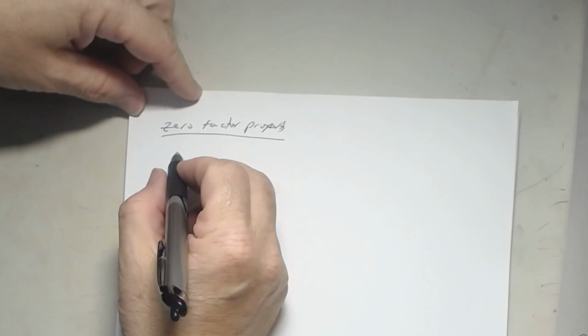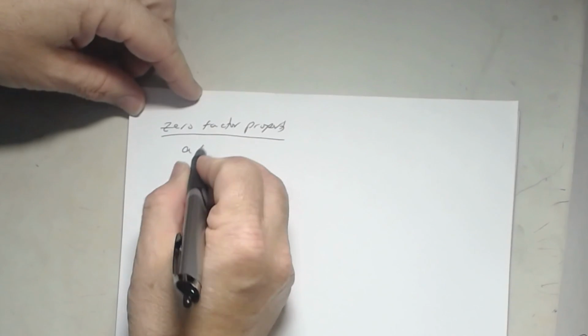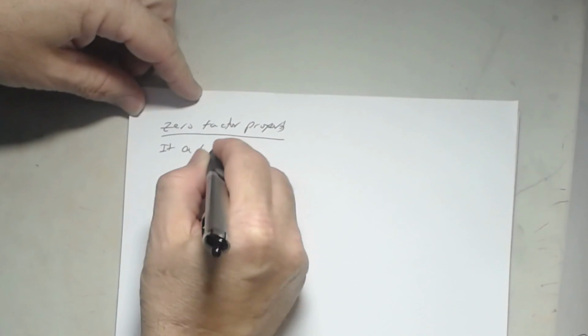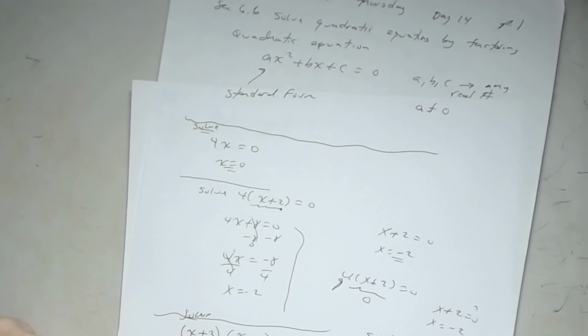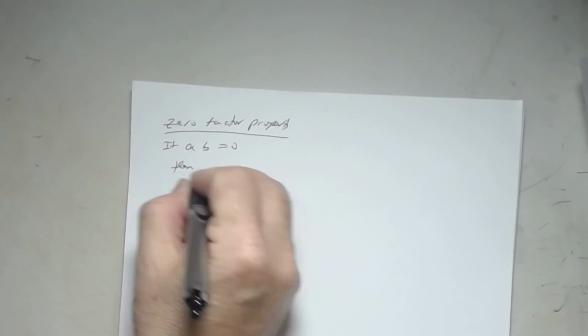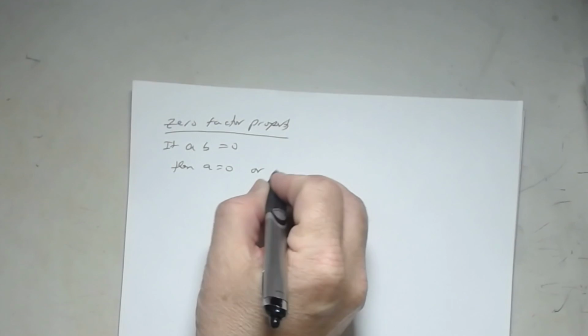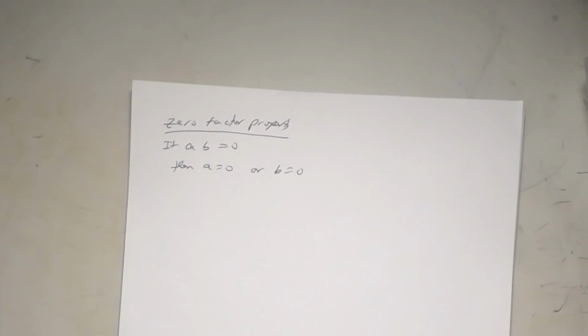If you have 2 or more factors, I'm just going to say 2 of them, A times B. If A times B equals 0, so if I'm telling you that I have 2 factors whose product is 0, then one of them has to be 0. So then either A is 0 or B is 0. So one of them has to be 0. So that's the zero factor property.